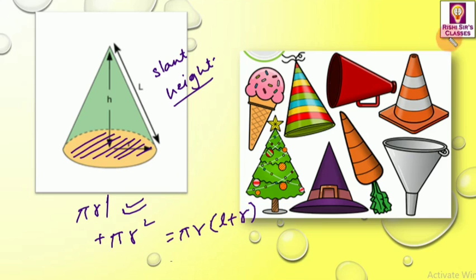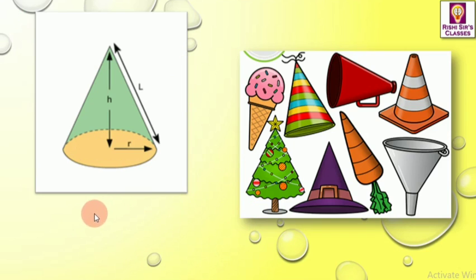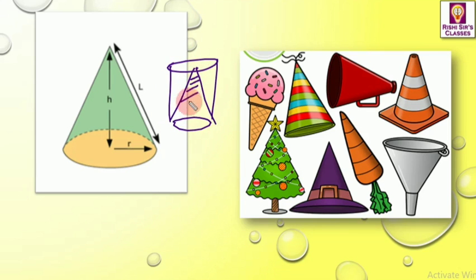Now suppose we need to find out the volume of it. So just imagine that we are having a cylinder and we are dividing that cylinder in 3 parts like this, and we are getting a cone. So what was the volume of cylinder?